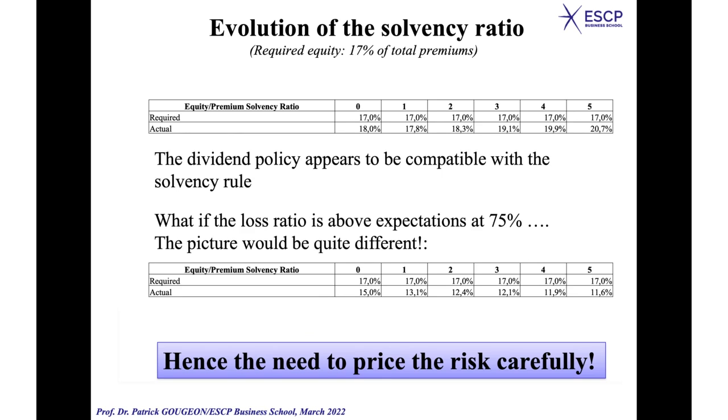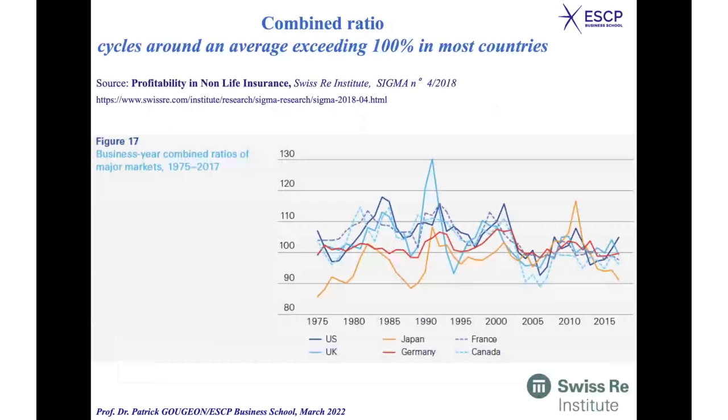And this will be the next step in our analysis, to see how prices are fixed, how tricky it is, and how the insurers can handle this pricing risk. Now, before I move to this pricing approach, let's look at some numbers so that you can see that what I have assumed is not totally wrong.